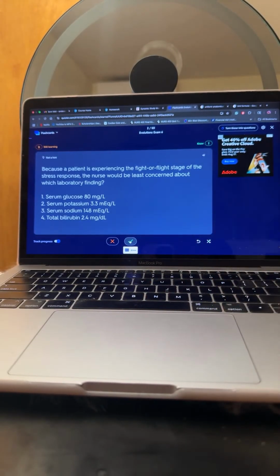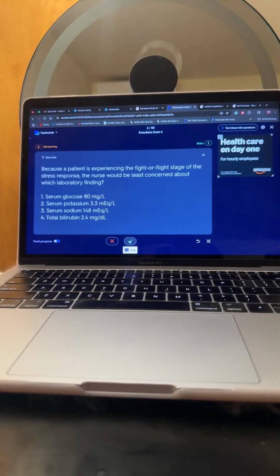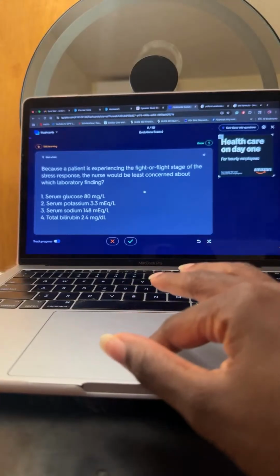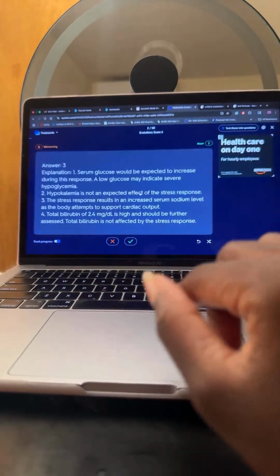Okay, because a patient is experiencing the fight or flight stage of the stress response, the nurse will be least concerned about which lab finding: serum glucose of 80, serum potassium of 3.3, serum sodium 148, or total bilirubin of 2.4. We don't really care about the sodium, so that's number 3.